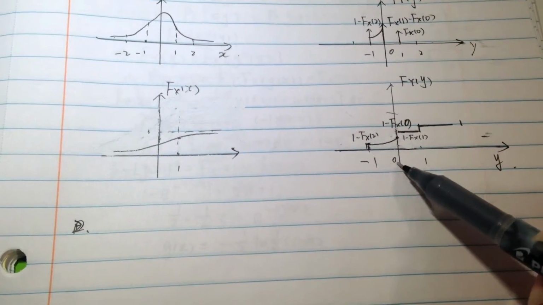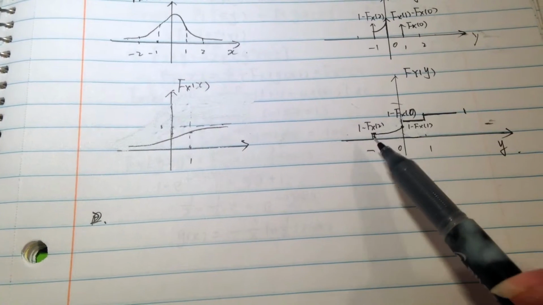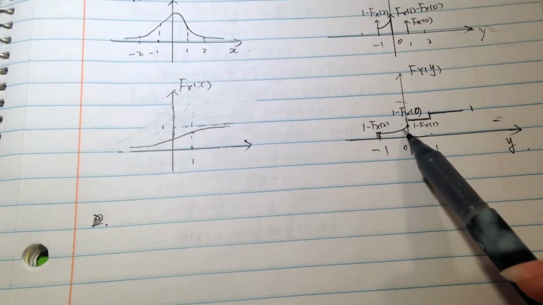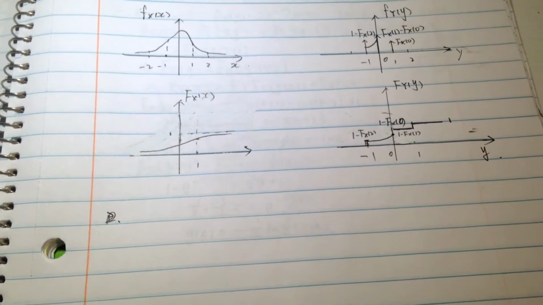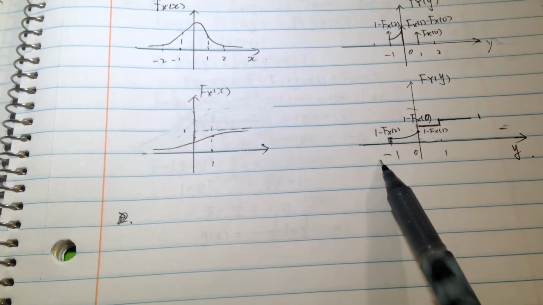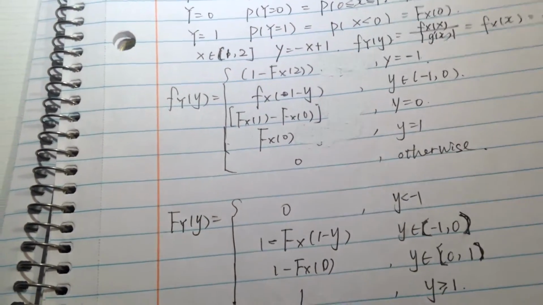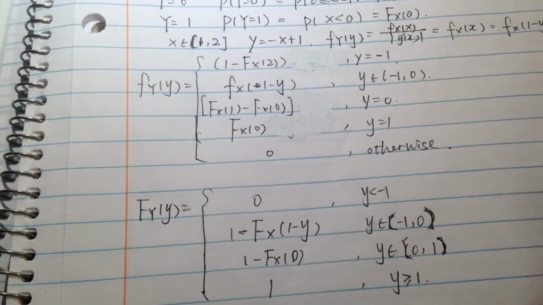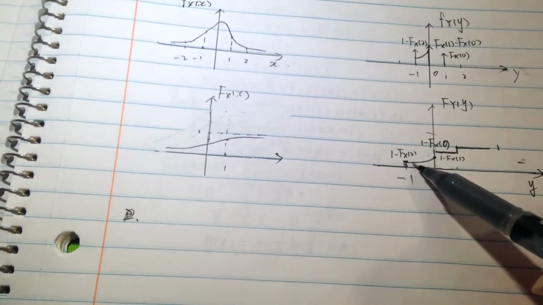And this one is the distribution function of Y. We can get it like this. At Y equals minus 1 it is 1 minus Fx(2), and between minus 1 and 0 we can find 1 minus Fx(1 minus y) is here.